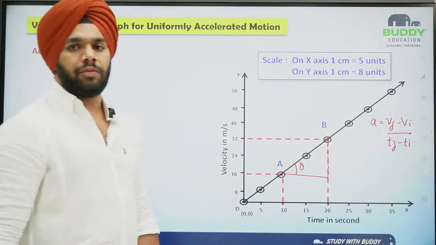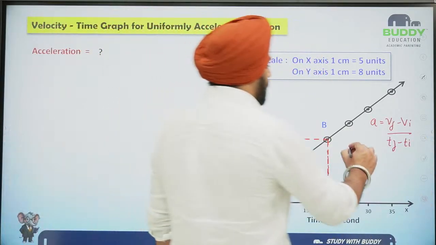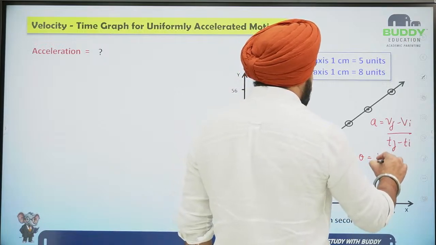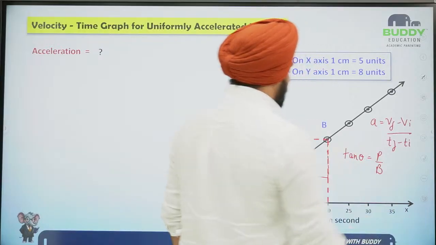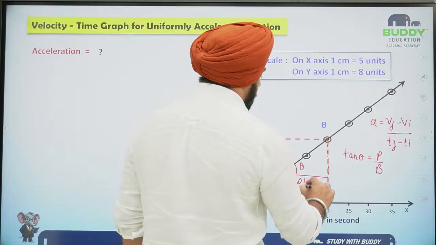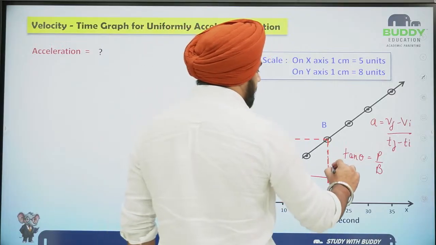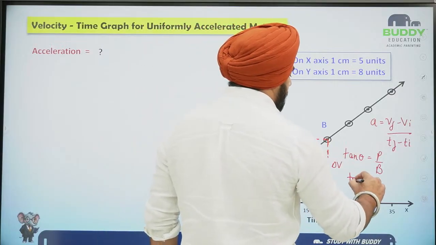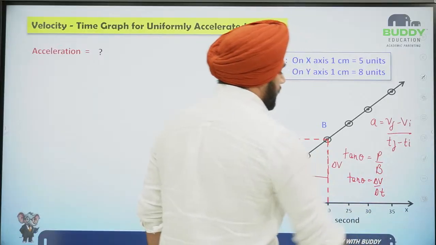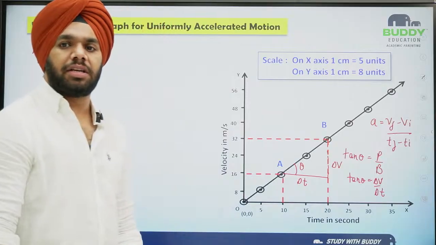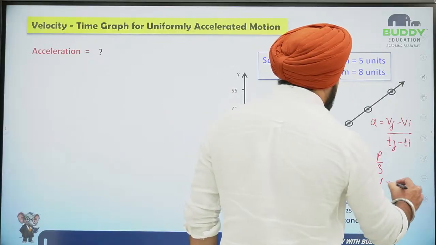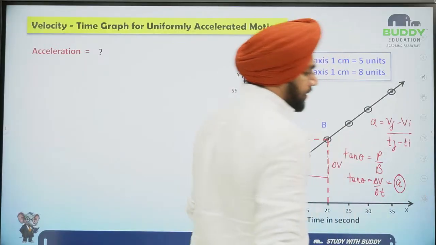And here also, if you use the relation tan theta, which I already told you in the last class, tan theta is equal to perpendicular by base. On the base you are getting change in time, this is delta t. On the perpendicular you are getting delta v. So tan theta is basically delta v by delta t, right? So delta v by delta t is basically what? The change in velocity upon change in time, okay? So anyway it will give you the acceleration.